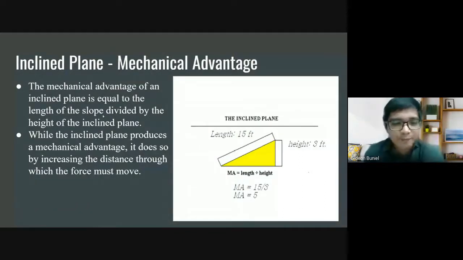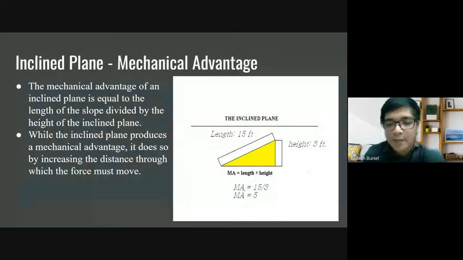So again, MA, or mechanical advantage, is equal to the length of the slope divided by the height of the inclined plane. Okay.